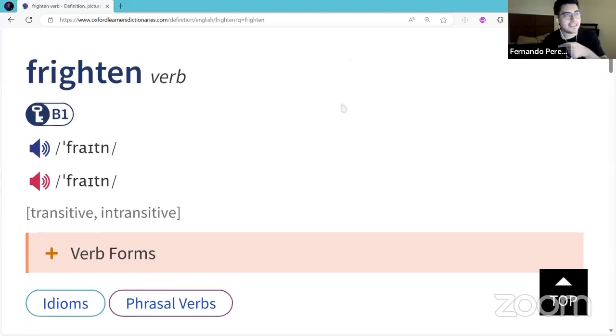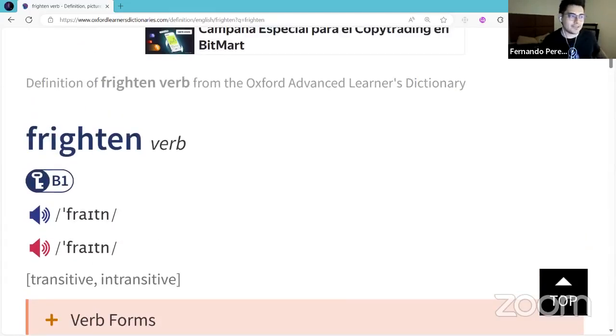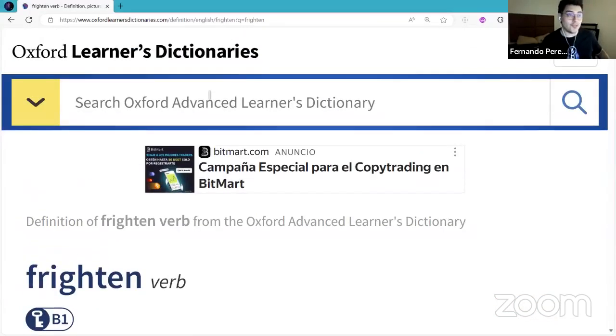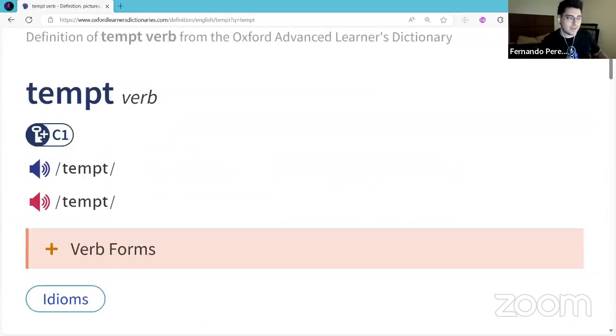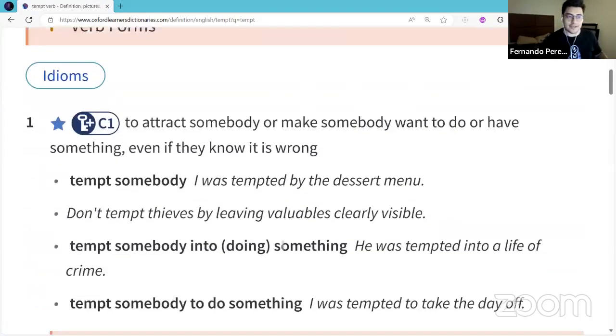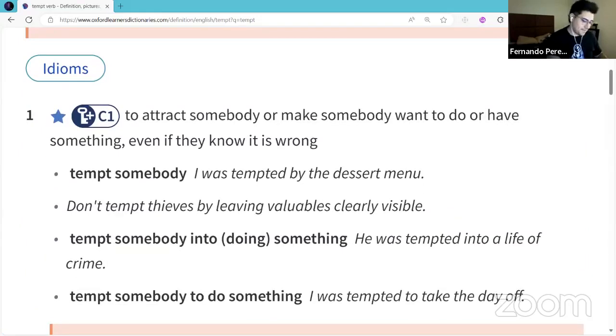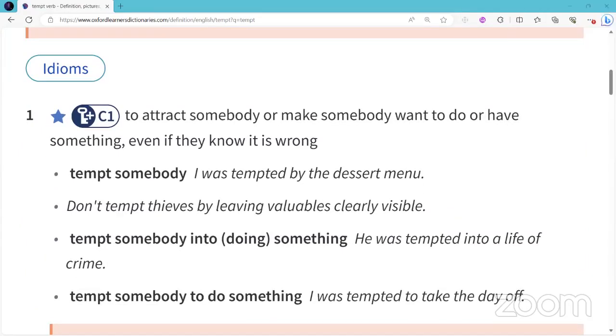There are some words in the board that are also new. For example, the verb tempt, which is, wow, a C1 word. So let's check it out. Carla. To attract somebody or make somebody want to do or have something, even if they know it is wrong.